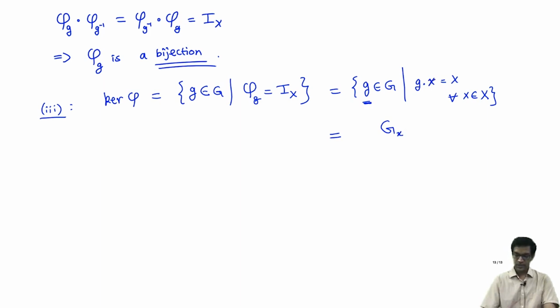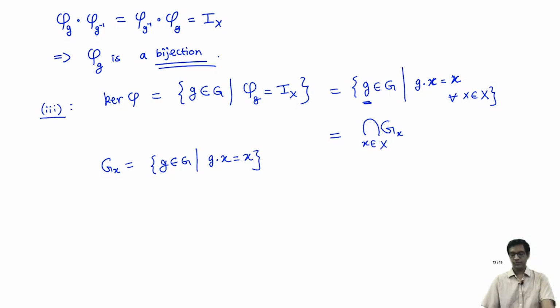Recall, G sub x is the group elements which stabilize that fixed x. But then I want those group elements which stabilize x for every x in X. Well, that's another way of saying that this is just the intersection of all the stabilizers.